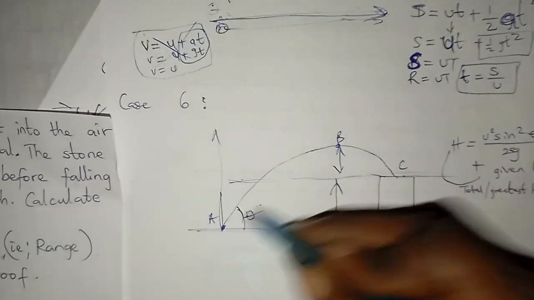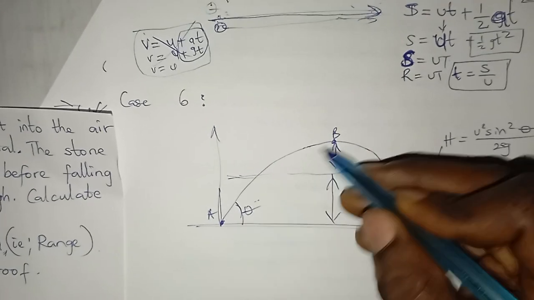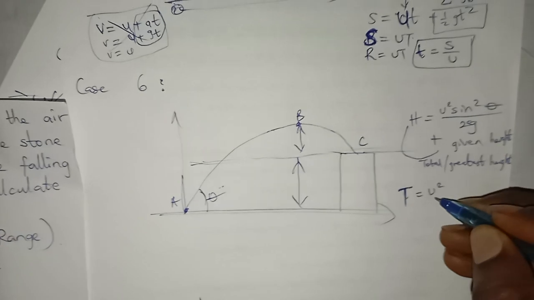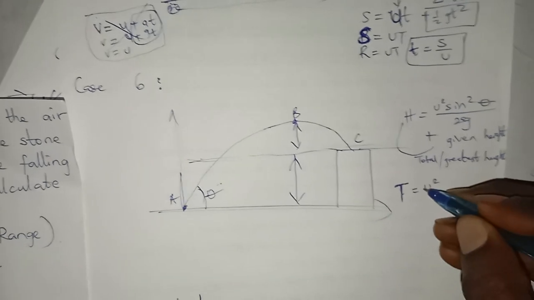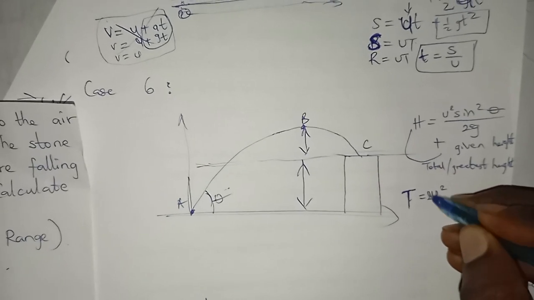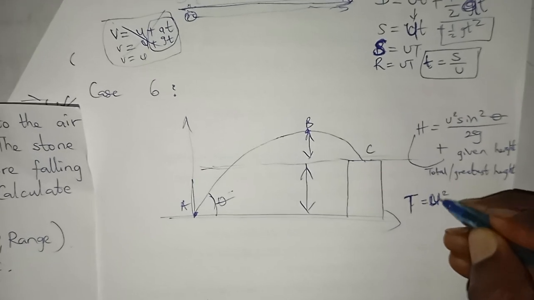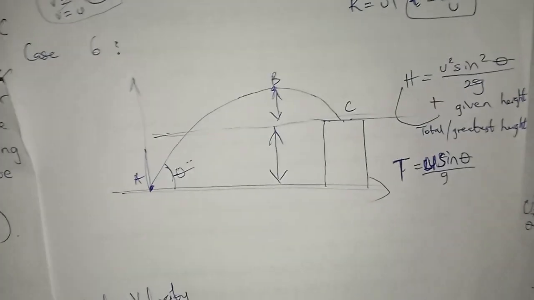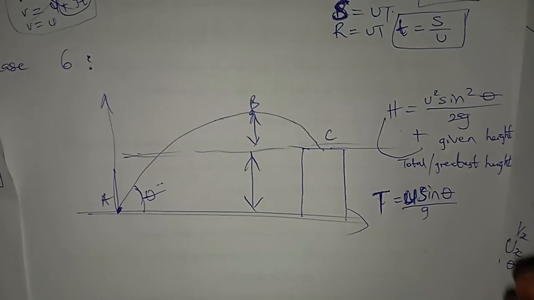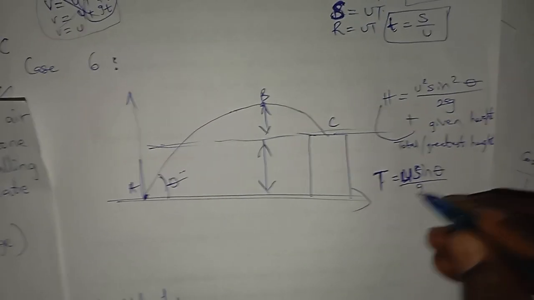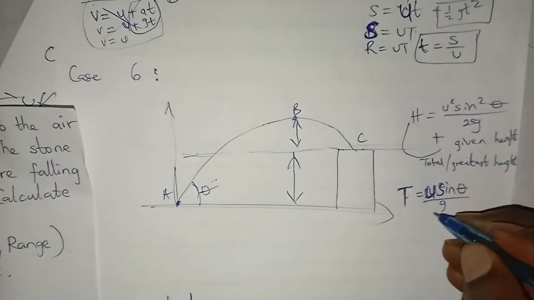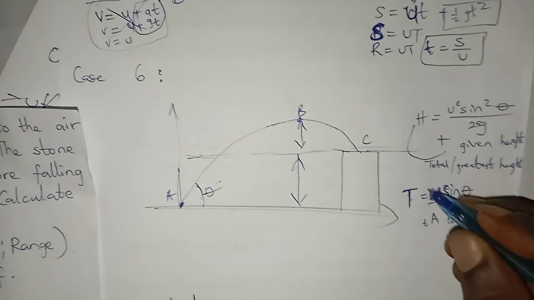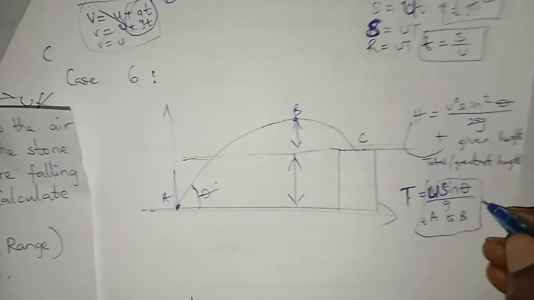So time to reach maximum height, that is from A to B, is u sine theta all over g. This is what happens when you're thinking many things at the same time. So that is the time from A to B. You get it? Then plus.